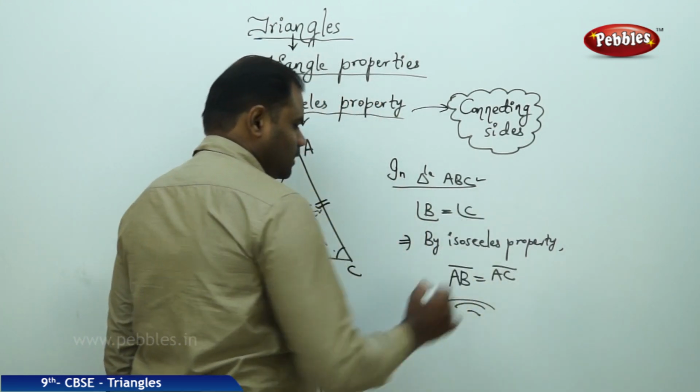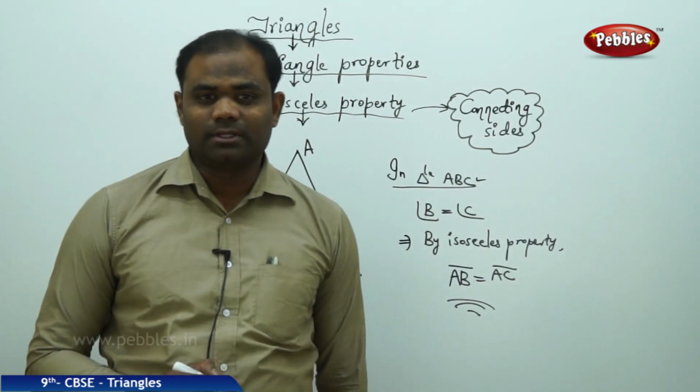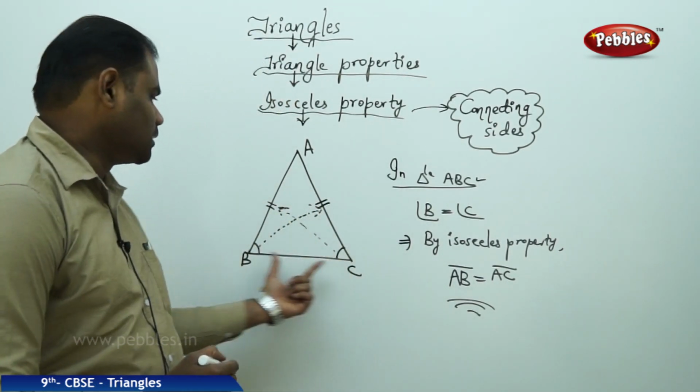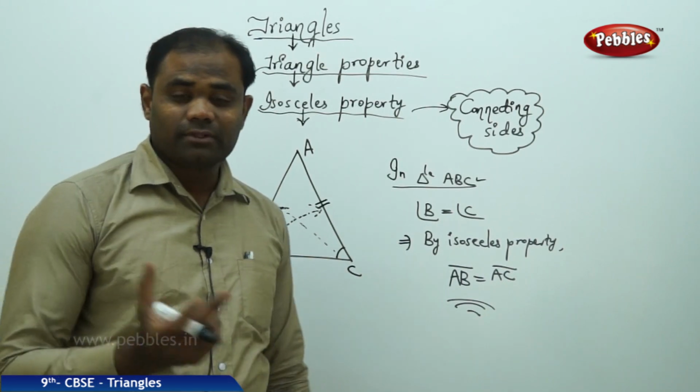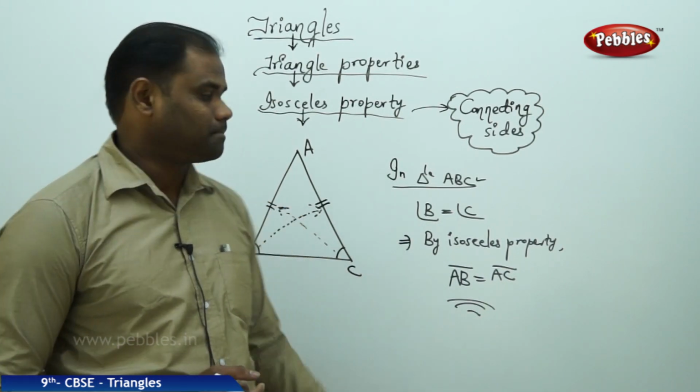This is how I define the isosceles property: given the angles, the sides are equal, or given the sides, the angles are equal.